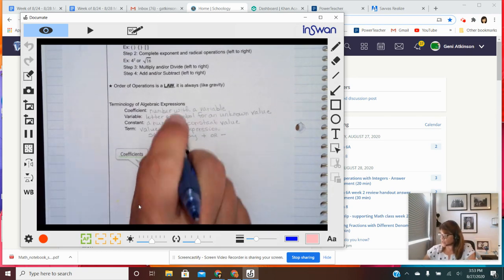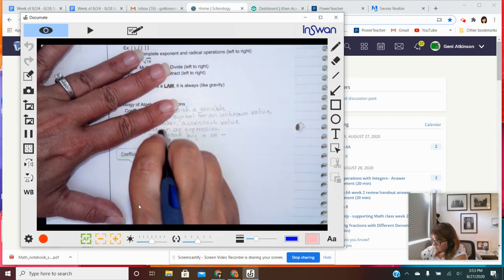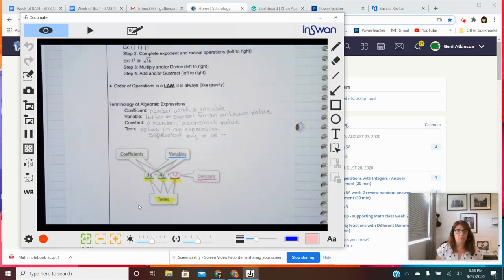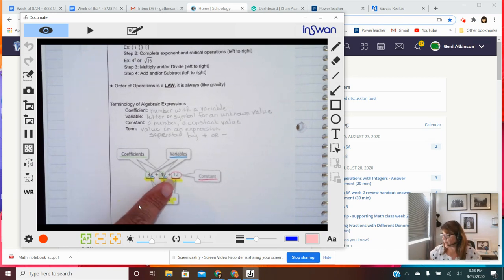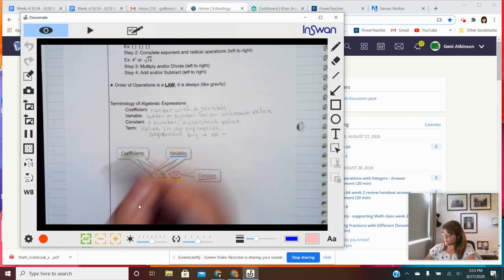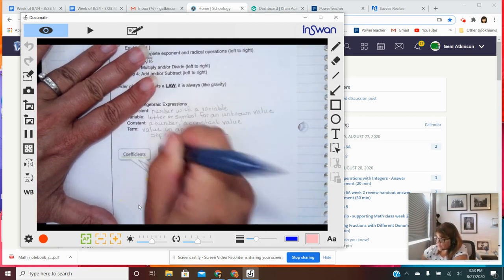If they ask you how many terms there are, there would be 3 terms here: 3x, 4y, and 12. Those are each terms. I still messed that up, I'll go back and make that nicer later.